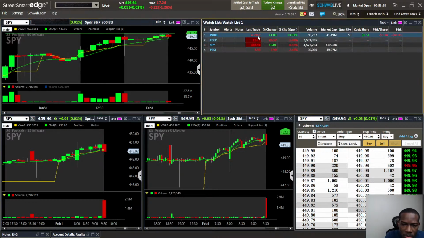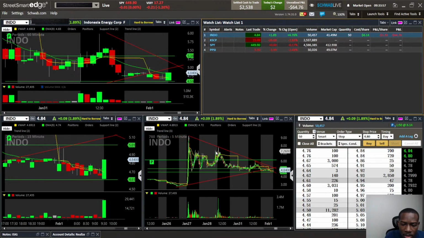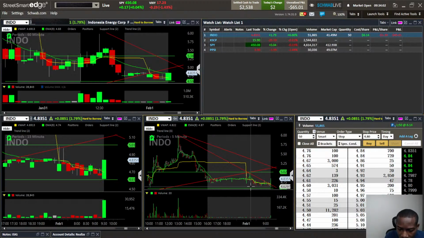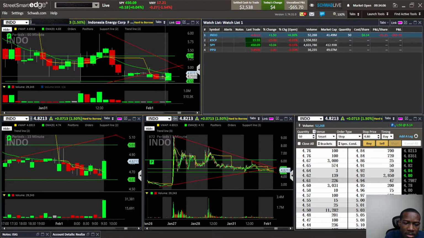Like my INDO trade is coming back green. I don't know how short lived that will be. As long as it holds up this bottom here of the 460 on this hour chart, I'll be okay. But if it starts to rush back down there real fast, I'm going to be out real fast.